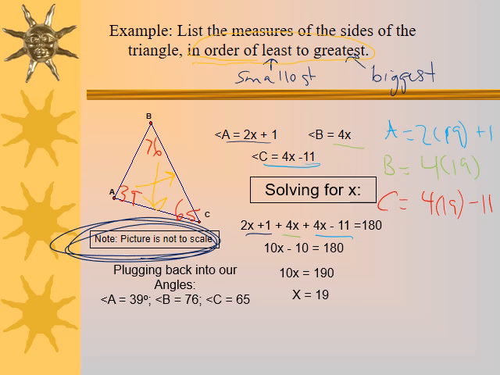The middle one, draw across from the middle angle, that is AB, and then the biggest angle is B, so that's AC across. Therefore, just as we said, BC is smaller than AB, which is smaller than AC.